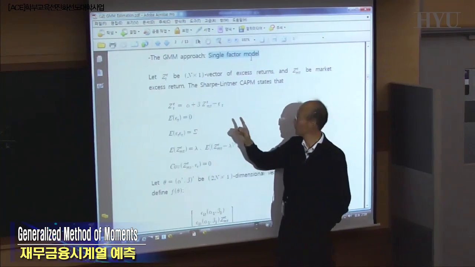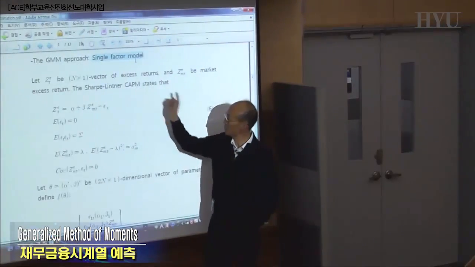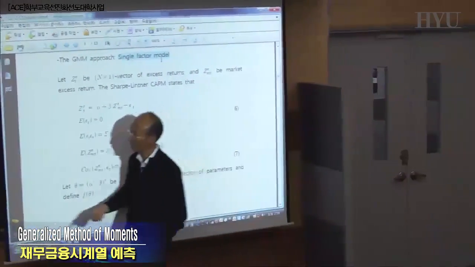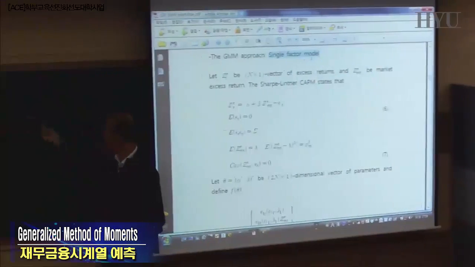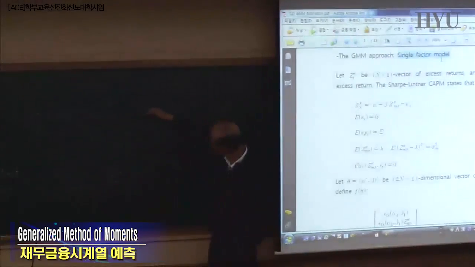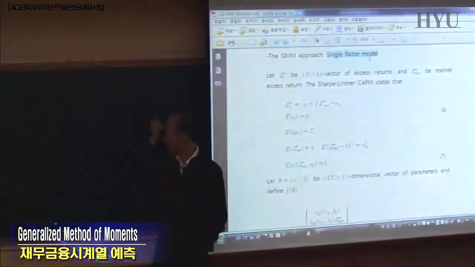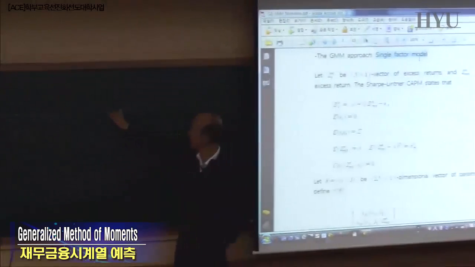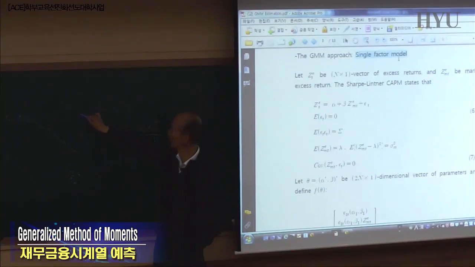So the Sharpe-Lintner CAPM test is, if you have small cap, large cap, or individual asset classifications, and you have n of them, some equations have alpha that appears to be significant, some aren't.